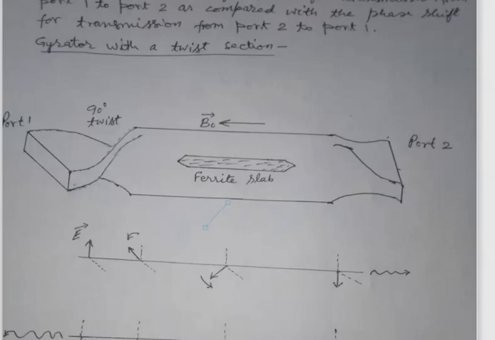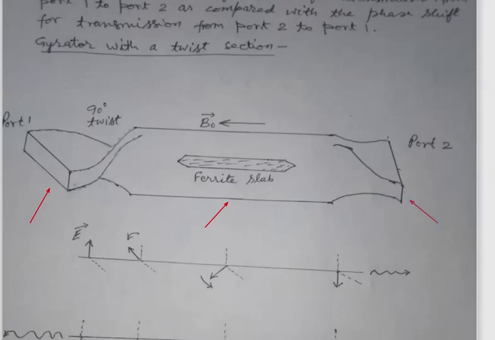Both input and output rectangular waveguides are in the same orientational plane, and the input rectangular waveguide is connected with the circular waveguide at the input end with a 90 degree twist section.